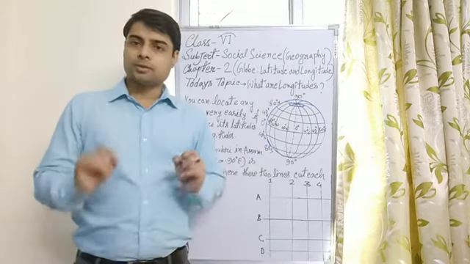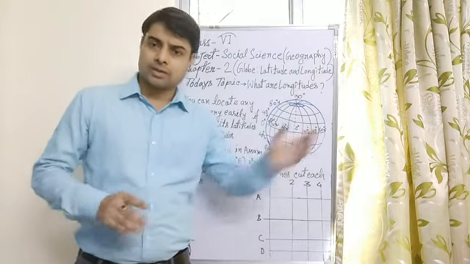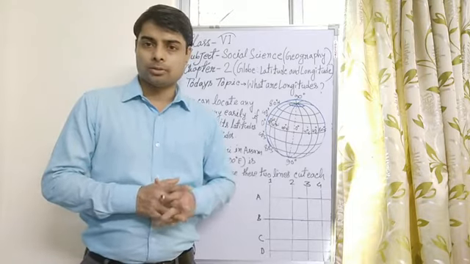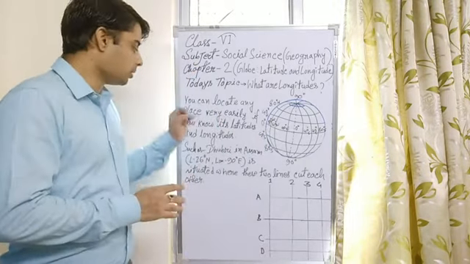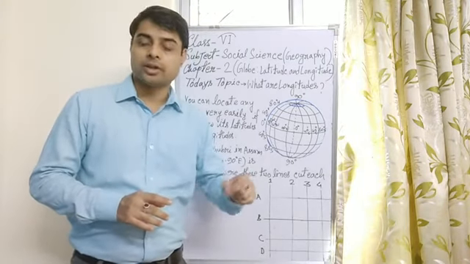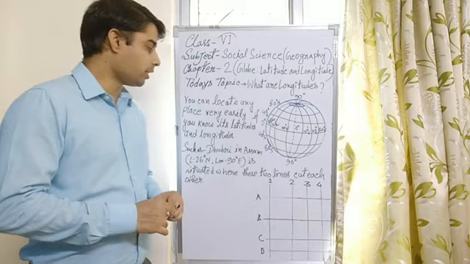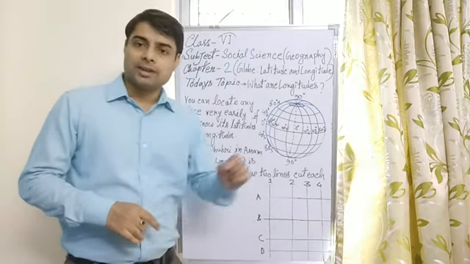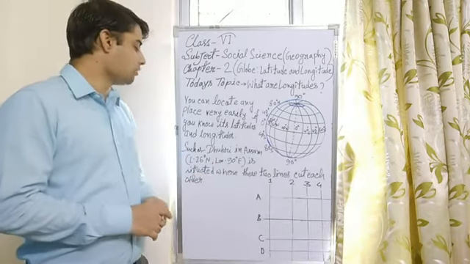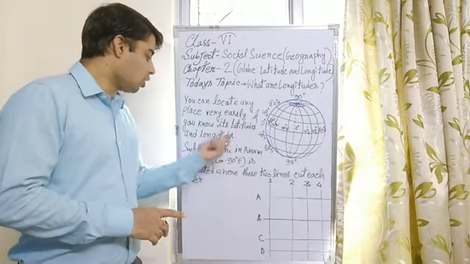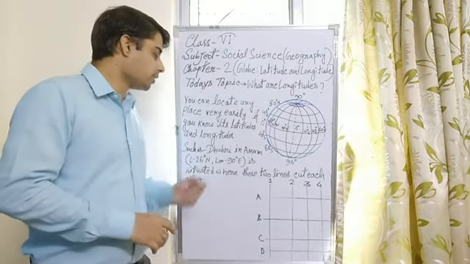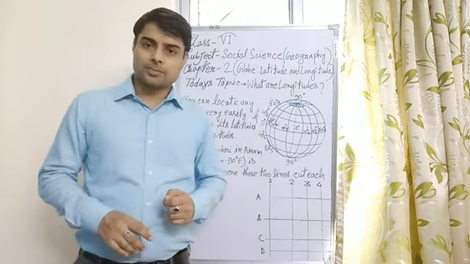Dhubri is a place in northeastern India, and if you want to find Dhubri from your town or village, you can easily find the place with the use of latitudes and longitudes. If you know the latitudinal value and longitudinal value of Dhubri, that is 26 degrees north and 90 degrees east, then you can easily find the place.